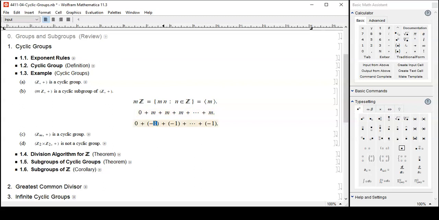And then 0 minus m, minus m, minus m, repeated whatever times. Again, minus of minus m, we come back to this. So we can conclude that this can be generated by not just m, but negative m as well. The same question again. Is there any other generator, or just these two and no more? Think about that.